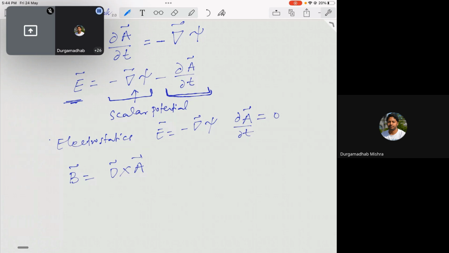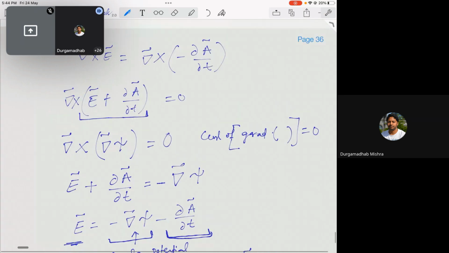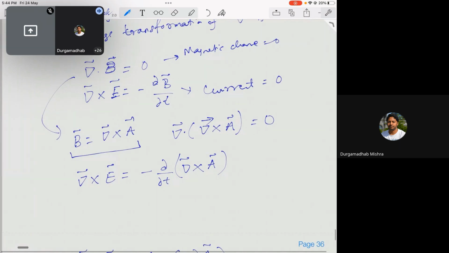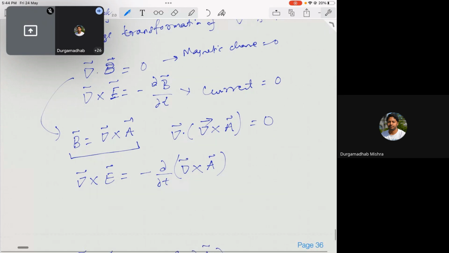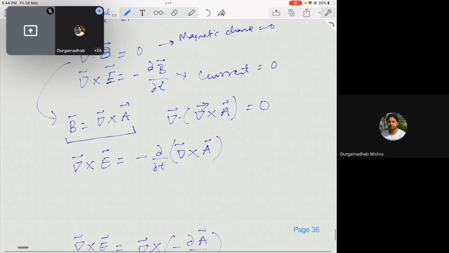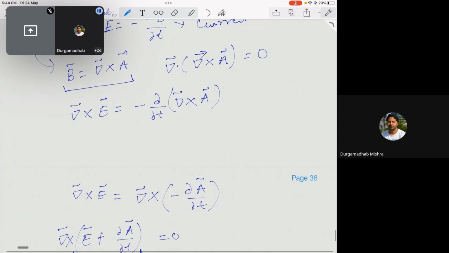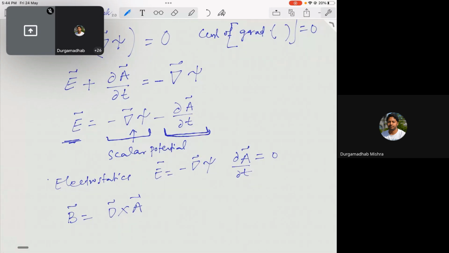So basically, what we could do, we have two equations. Let's say del dot B is 0, Maxwell's equation, and curl of E is minus del B by del T. We can write this electric field in the dynamic case with a scalar and vector potential.